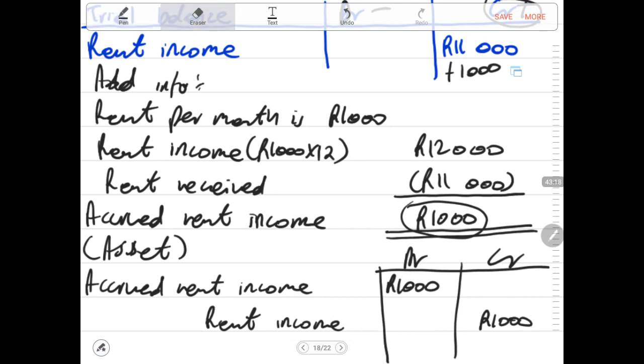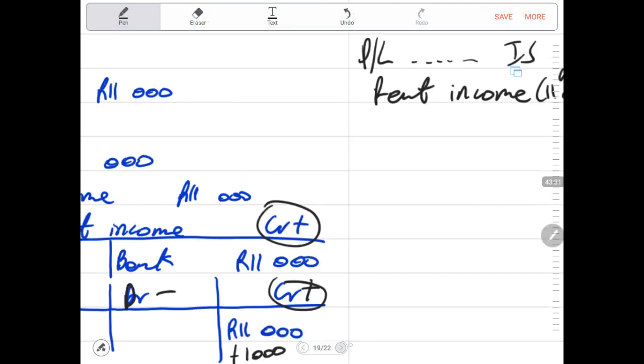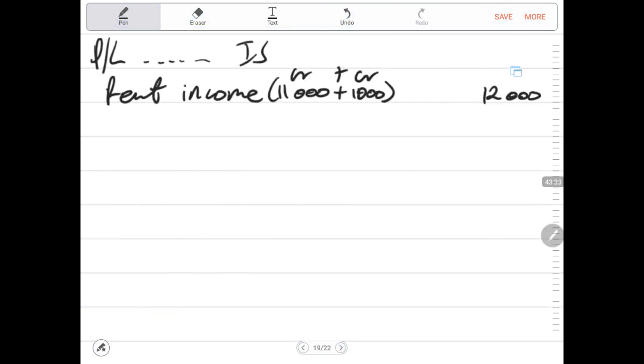The last one is the debit side, accrued income, and we said accrued income is an asset, and assets increase on the debit side. When you do the statement of financial position, this will be under assets. If you remember, under assets we have current assets.